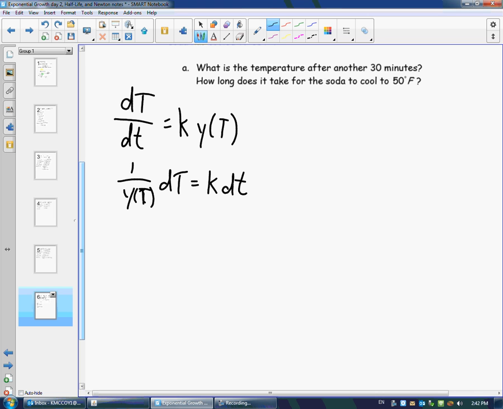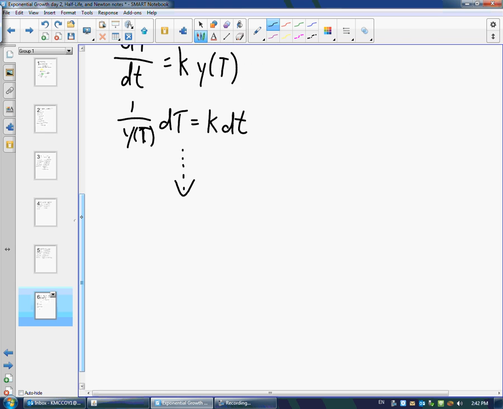Then it's the same process. You go through the whole integration process, and the 1 over y gives you the natural log, and the right side gives you kt plus c. You exponentiate both sides, we've done this several times, and this gives us y equals c e to the kt.